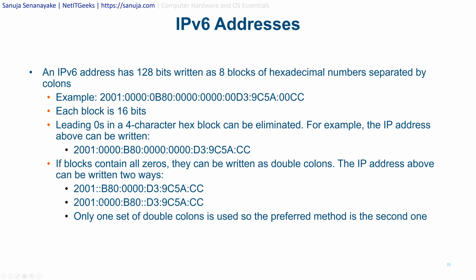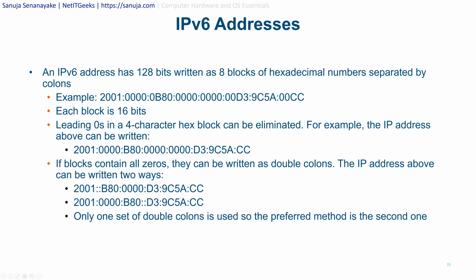However, if you're going to use this type of collapsing method of writing it down, only one set of double colons is used. So the preferred method is the second one. If you have multiple blocks with zeros, you can use this double colon collapsing here or here, but you can only use it once. So the preferred method is not to use the very first one, but the very last one that has the double colon collapsing.